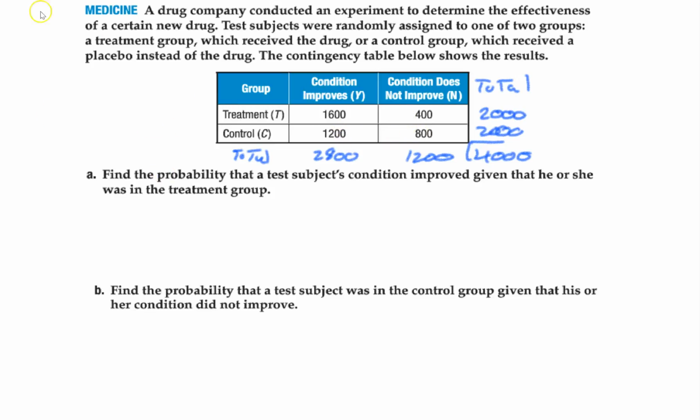Okay, so let's answer these questions here. Find the probability that a test subject's condition improves given that he or she was in the treatment group. So notice the given that again. So probability improved given that it was in the treatment group. Now we can do the same thing here, but I'm going to show you a shortcut to doing the given that in a table here. And that is, this is the world. This is the total.